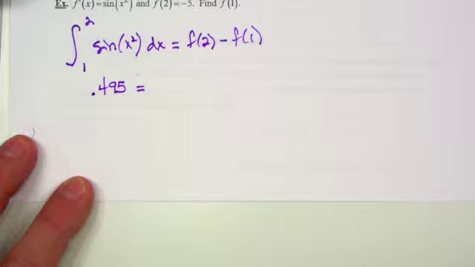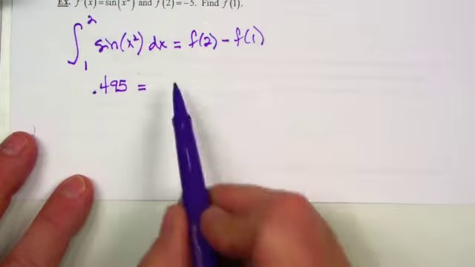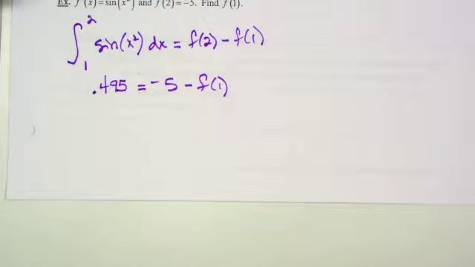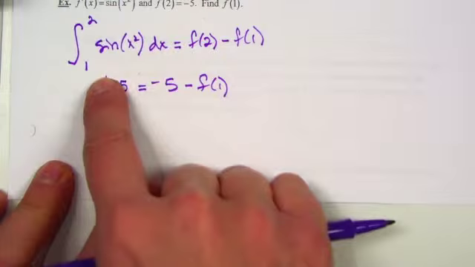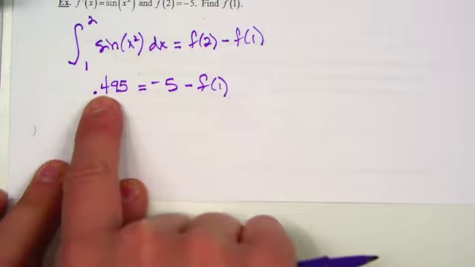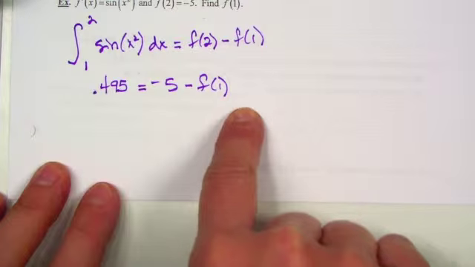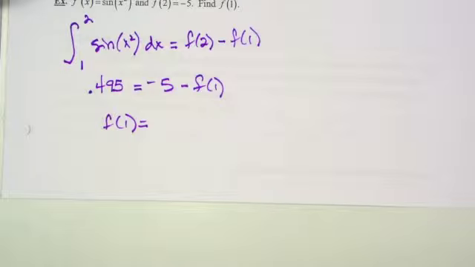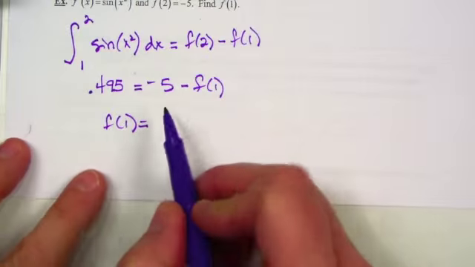And that's going to be equal to, what's f of 2? Negative 5 minus f of 1 is what you're looking for, right? So I'm going to move my f of 1 over here and my 0.495 over here. So f of 1 is going to be equal to what?